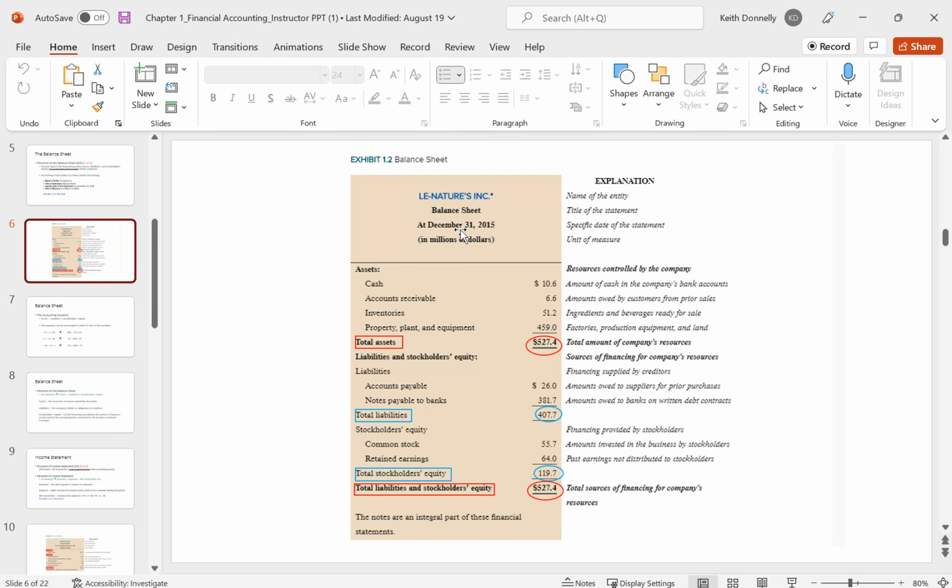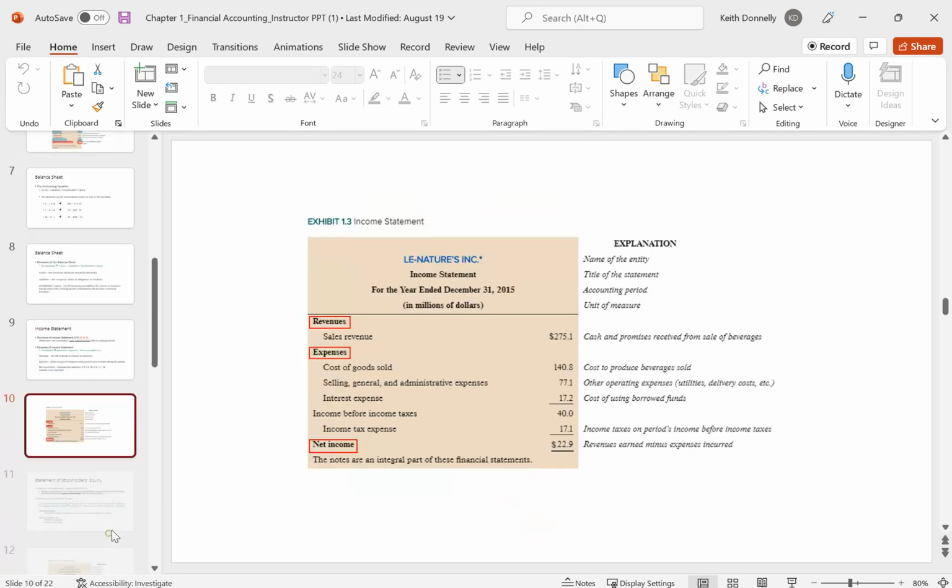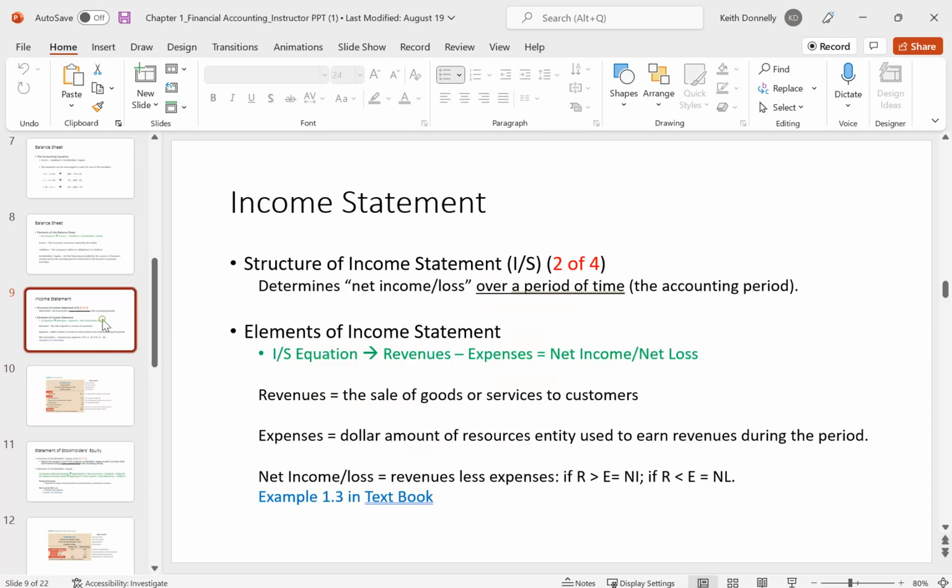It would be like if you opened up your bank account and you saw that on this day, right then and there, you have 10.6 of cash. In distinction, an income statement is for a period of time. So this would be like looking at your transcripts for the last 2 years. We're going to look and see all the A's, the B's, the C's.